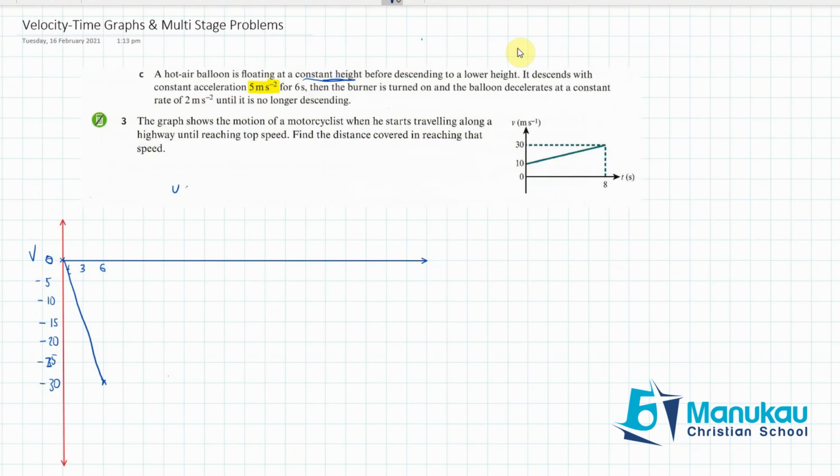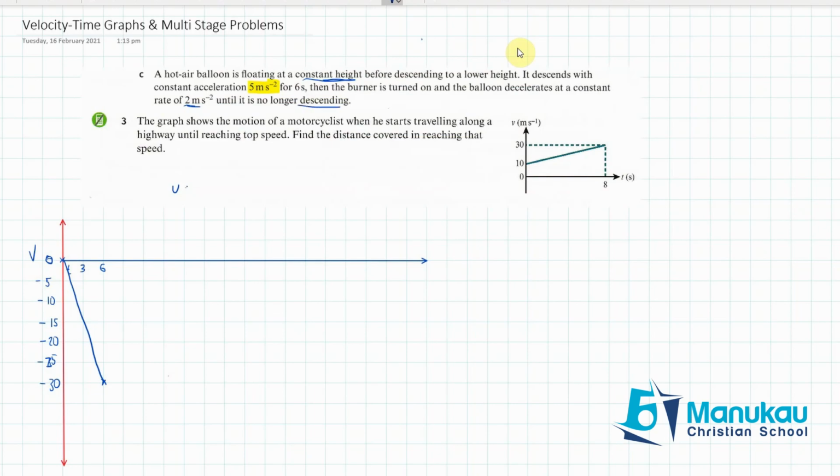Now, at this point, once it's at a speed of minus 30, in other words, traveling downwards at 30 meters per second, then we turn the burner on. And this is going to slow its downward process. Okay? Which means that the velocity downwards is going to decrease. Now we're doing this at 2 meters per second squared until it's no longer descending.